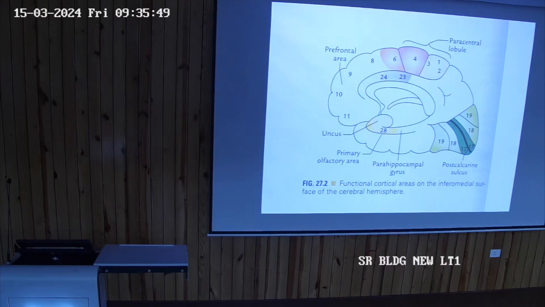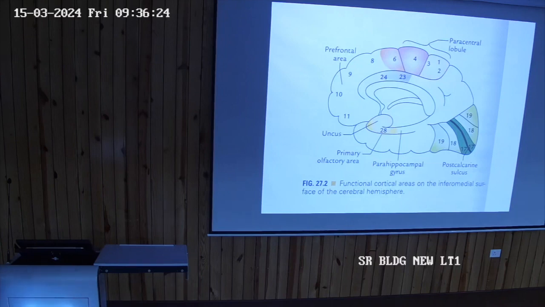So uncus, parahippocampal gyrus, cingulate gyrus, all these parts are related with the limbic system. And you have already read that the olfactive tract does not reach through the thalamus, it reaches directly. So they are concerned with smell and other parts of the limbic system, which we will talk about separately in the limbic system.